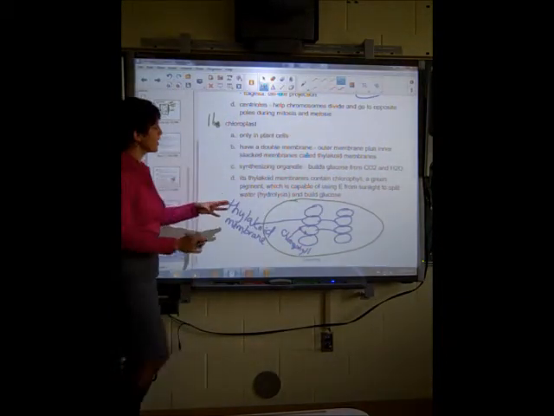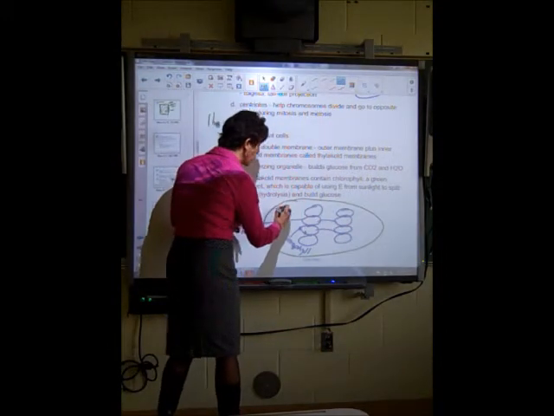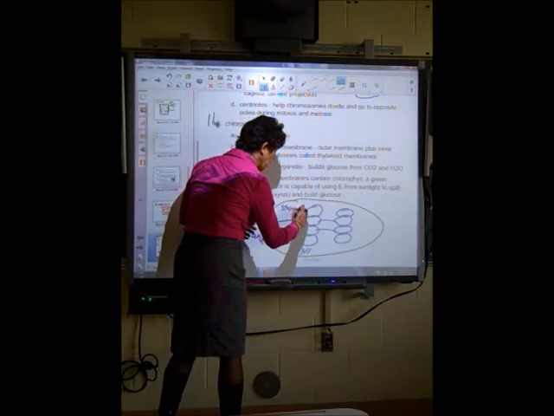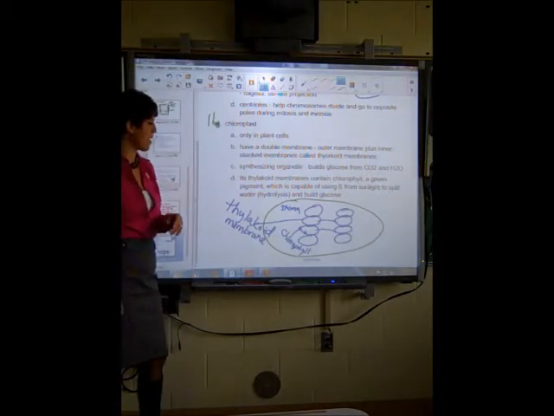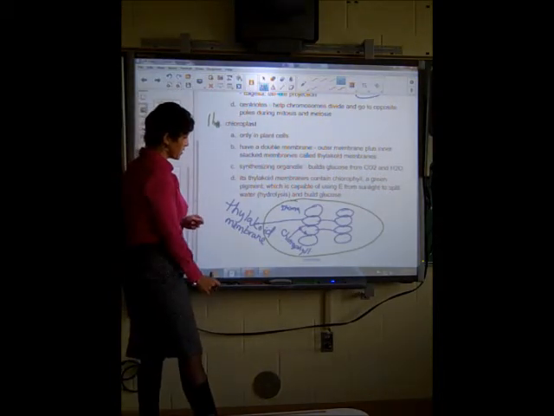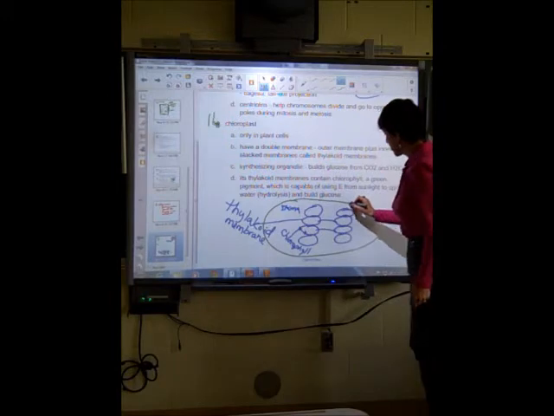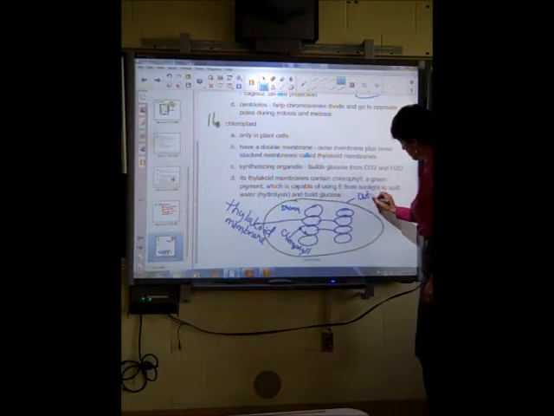There's also a fluid portion, a liquid portion. We call this the stroma, S-T-R-O-M-A. That is the liquid portion. And this is my outer chloroplast membrane.